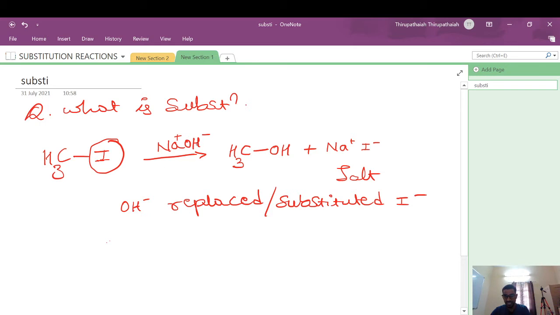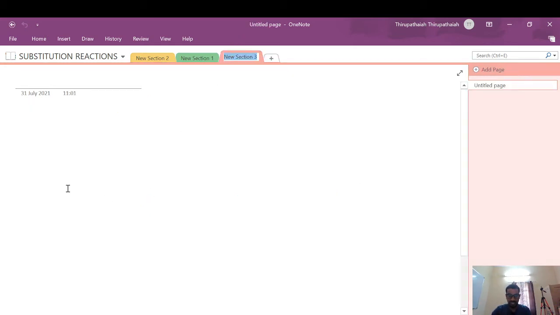This can be of many types. For instance, here see, earlier I have taken CH3I, but here I take CH3X. X represents halides. It can be chloride, bromide, iodide. If OH minus is added, now this becomes CH3OH.